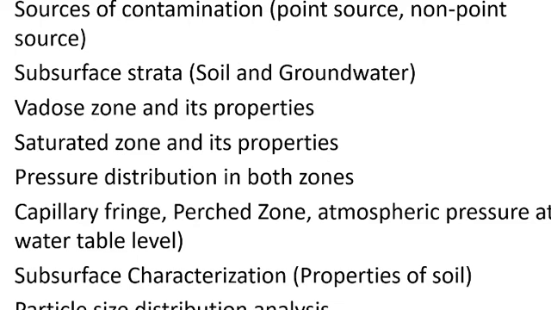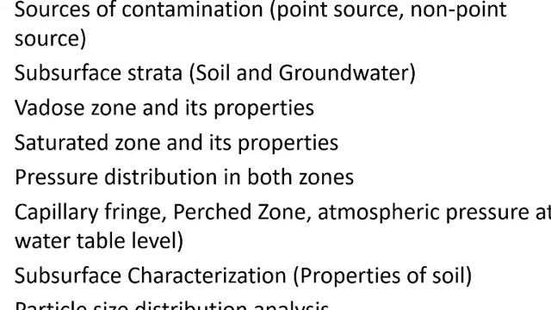So what are the non-point sources? Non-point source cannot be identified. It cannot be traced back. What is the source of the contamination? The best example is our agriculture lands, and the source of pollution in that is our pesticides, fertilizers. All these things are being spread out along with the surface flow, so we cannot trace them back.